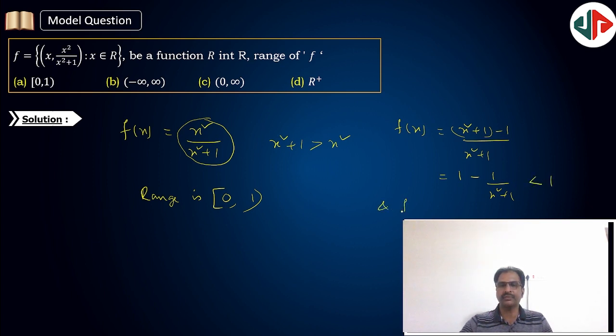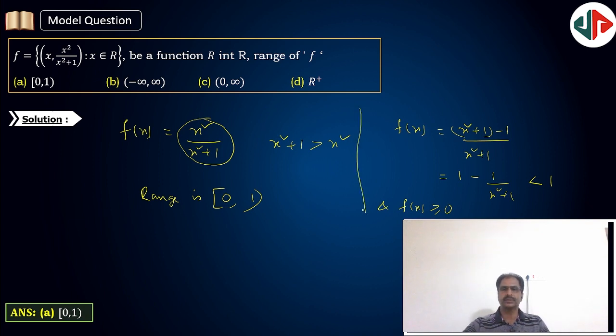And f of x is greater than or equal to 0 always, because x square by x square plus 1 is always positive. It may be 0 or positive, and less than 1. More than 0, less than 1 means lies between 0 and 1. 0 is included, 1 is excluded. So 0, 1 with left closed, right open. Option A is correct. So I explained this in two different ways.